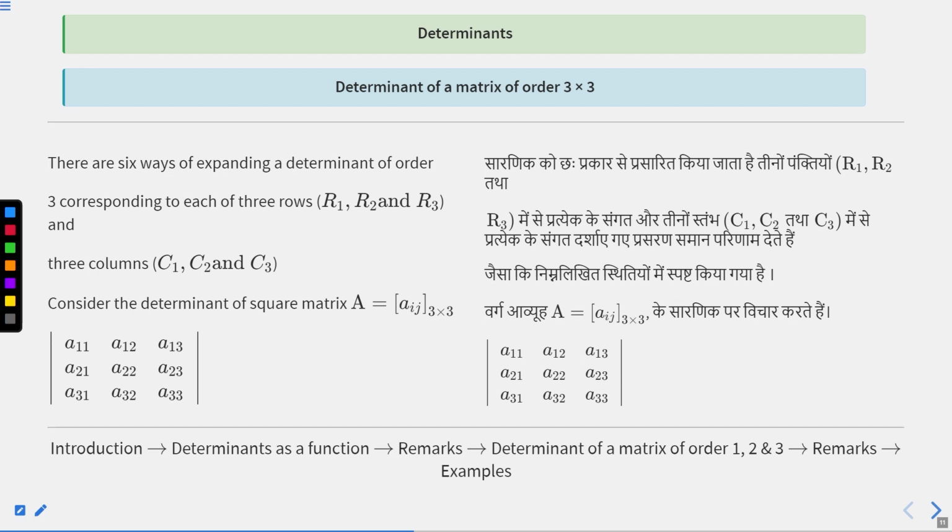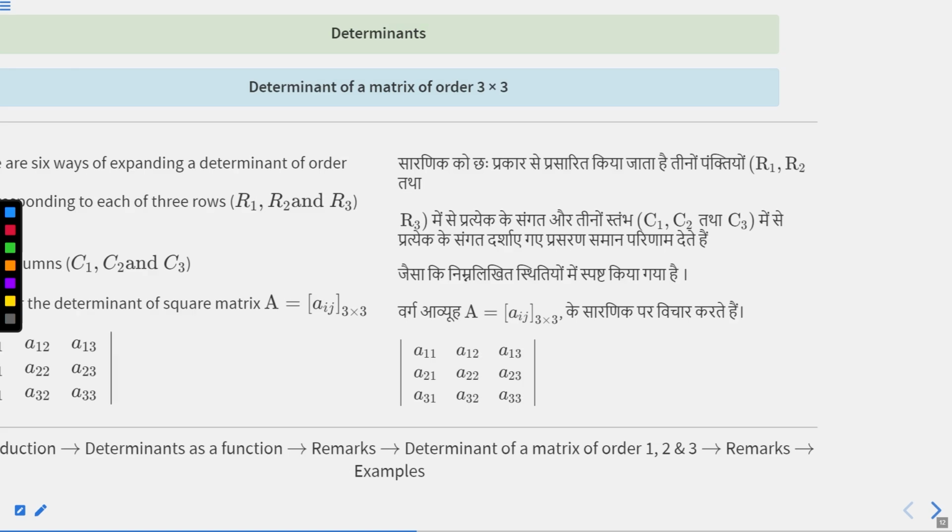Okay. Now 3 cross 3, how we define 3 cross 3? Quite simple. So there are 6 ways to expand determinants of order 3 cross 3. How? Let us see. So 3 using rows and 3 using columns. Okay, you will see some of the versions of these. So first of all, determinants of 3 cross 3.